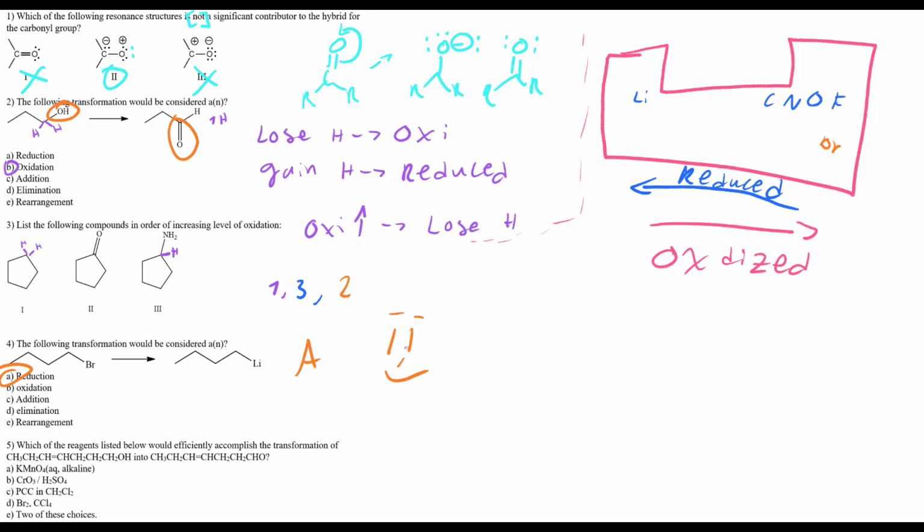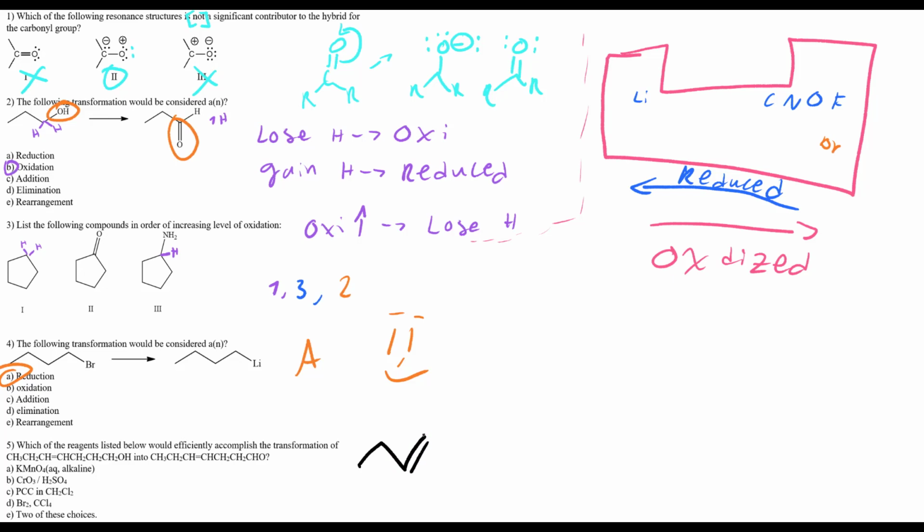Number 5. Which of the following reagents listed below would efficiently accomplish the transformation of this mess into another mess? Which is pretty bad. But let's actually write it out. So we have CH2, CH2, carbon that's double bonded to this carbon.